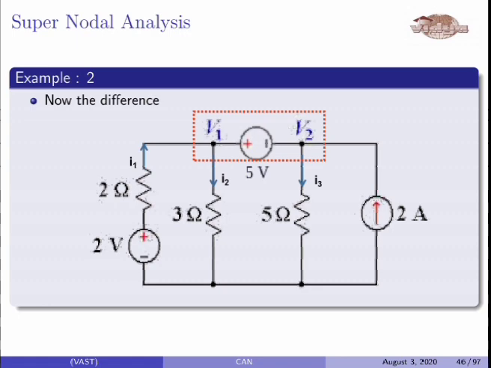That is the second equation. So in the supernode method, we take the nodes that are directly connected through a voltage source as a supernode, and we apply Kirchhoff's Current Law at that supernode and get one equation, and we get another equation when we look into the supernode, which is a voltage equation. The first one is a current equation and the second one is a voltage equation.